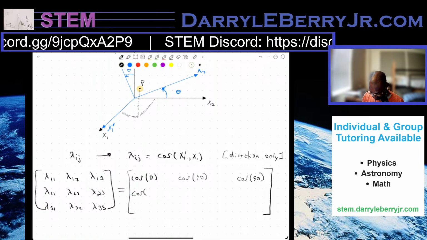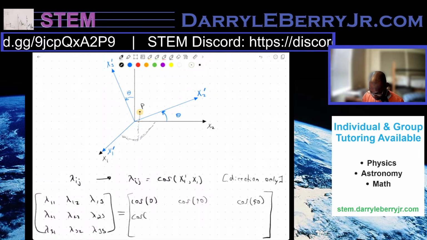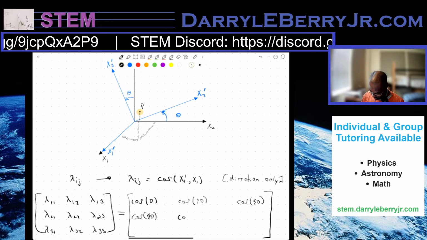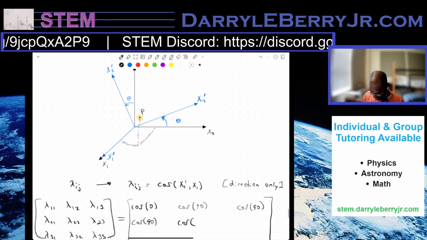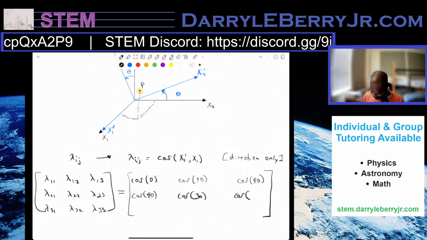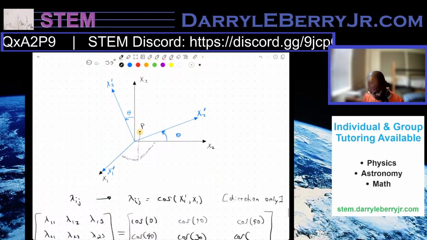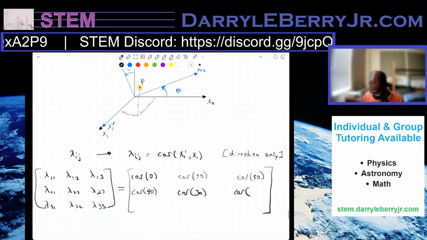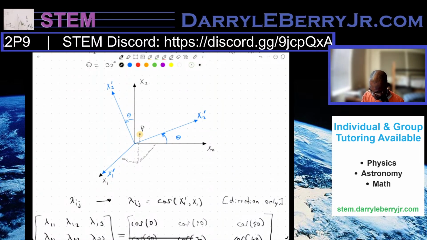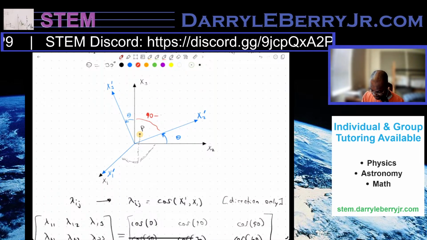Cosine angle between x2 prime and x1, still 90. Between x2 prime and x2, that's 30. x2 prime and x3, that would be 60, because this is 90 minus theta.